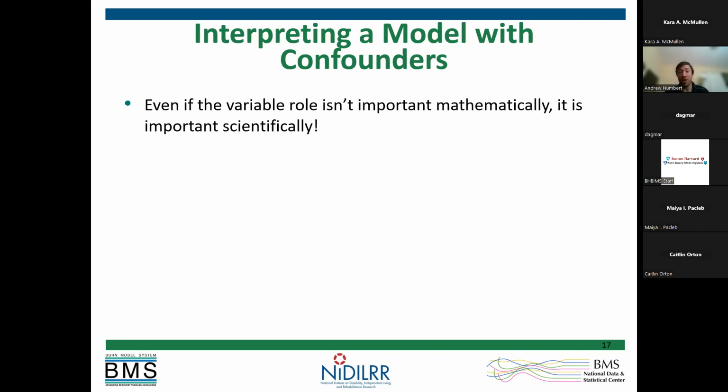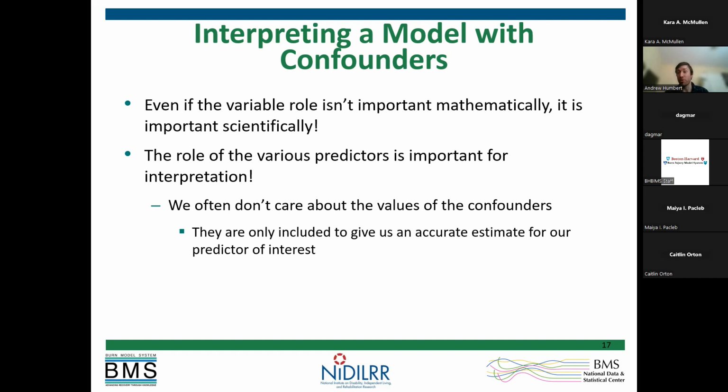But even if the variable role isn't important mathematically in getting these estimates, it is extremely important scientifically. Why you included a variable is very important to how you're going to interpret that model. So it's really important to come up with those theoretical models ahead of time and know the specific role these variables are going to have in your model, not for mathematical reasons, but for the interpretation of the results you get at the end.